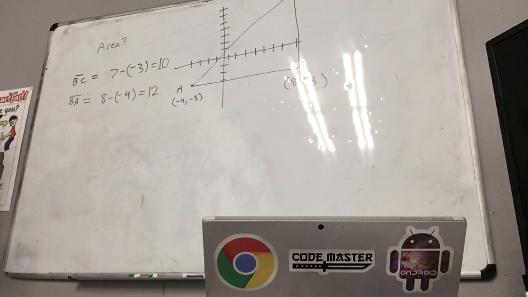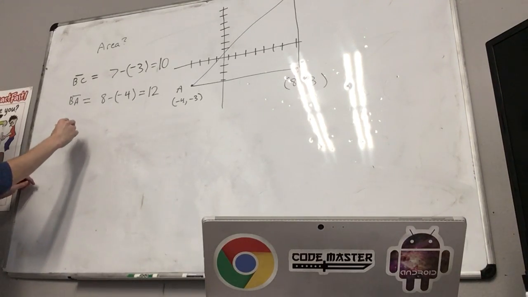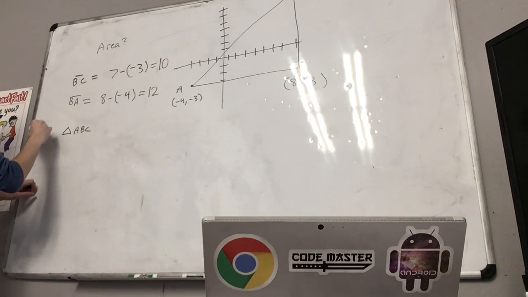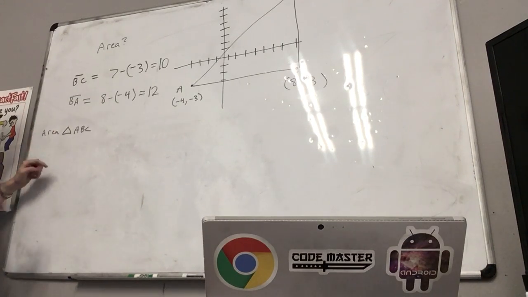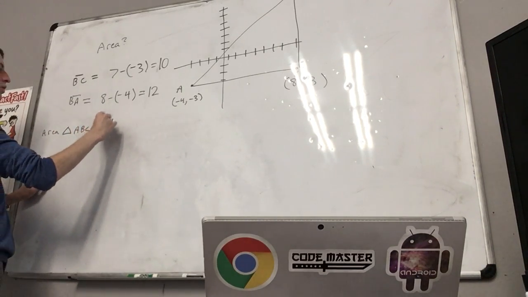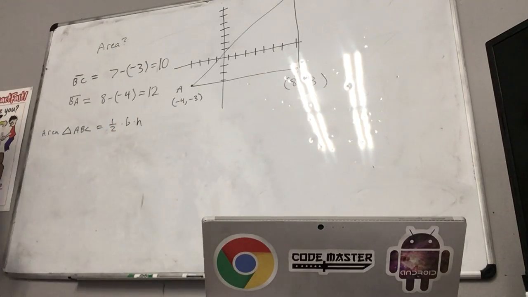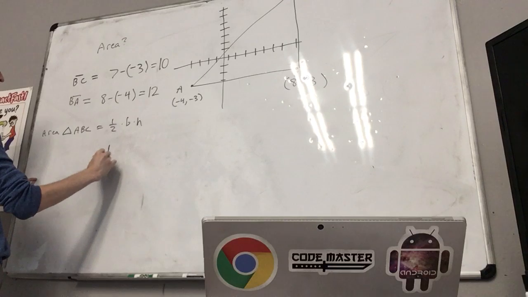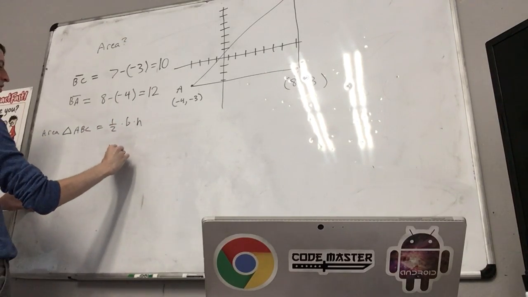Then you just multiply them and then divide by 2. So our triangle ABC, let's go with area. Area of our triangle ABC is 1/2 times the base times the height. We said our base is AB, or BA, it's 12.